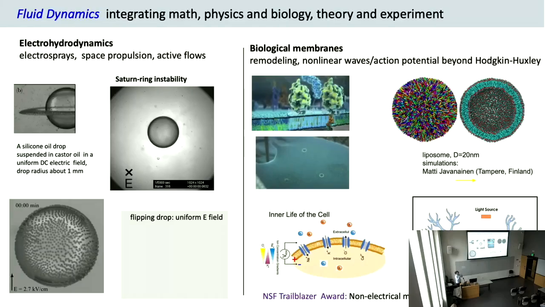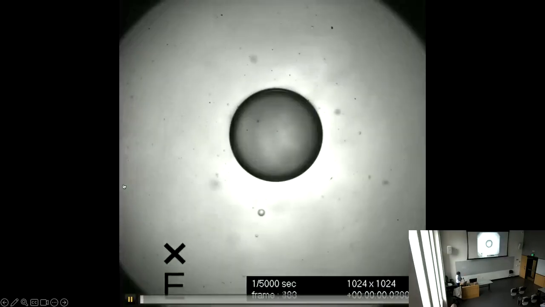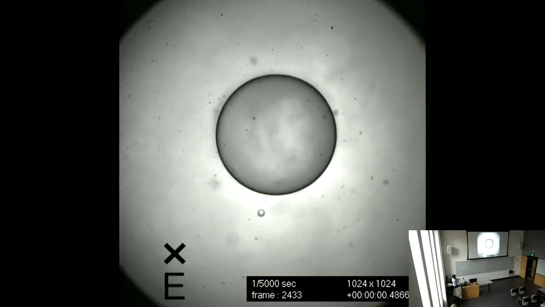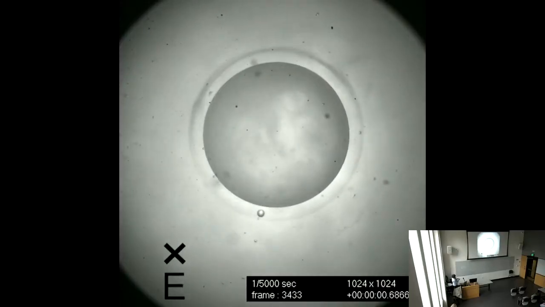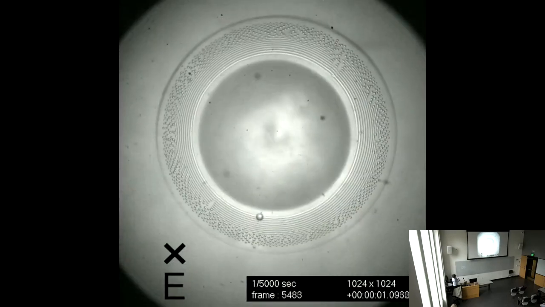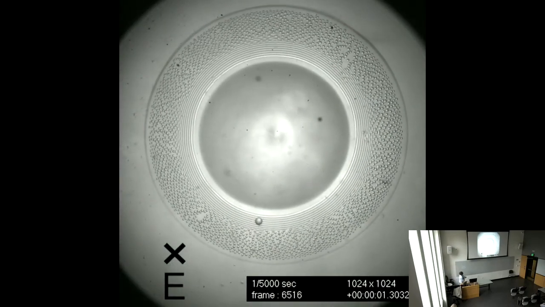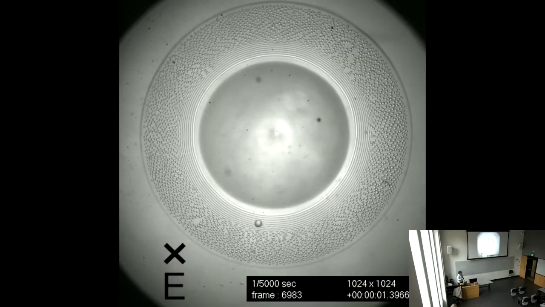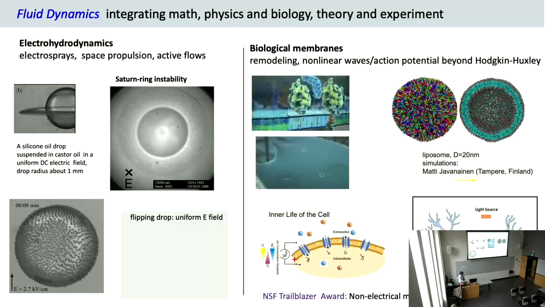What you're going to see is that the droplet initially is going to become like a pancake, so the radius is going to increase, and then it's going to undergo an interesting instability and start shedding rings. This is where the moment happens, and these rings break up into tiny droplets, a phenomenon called streaming that we've been studying for a while.